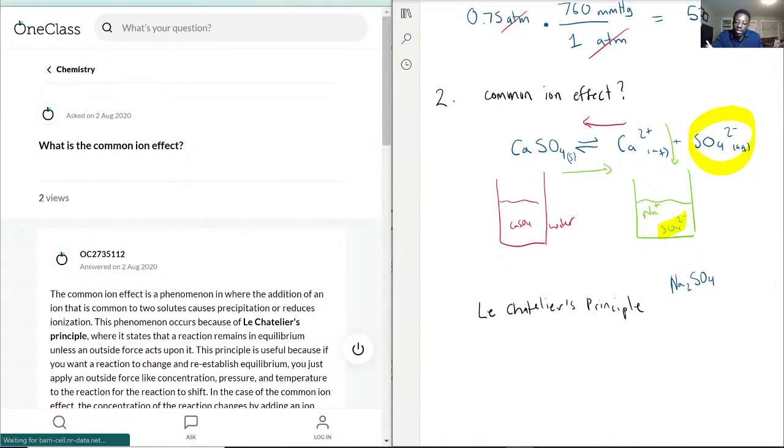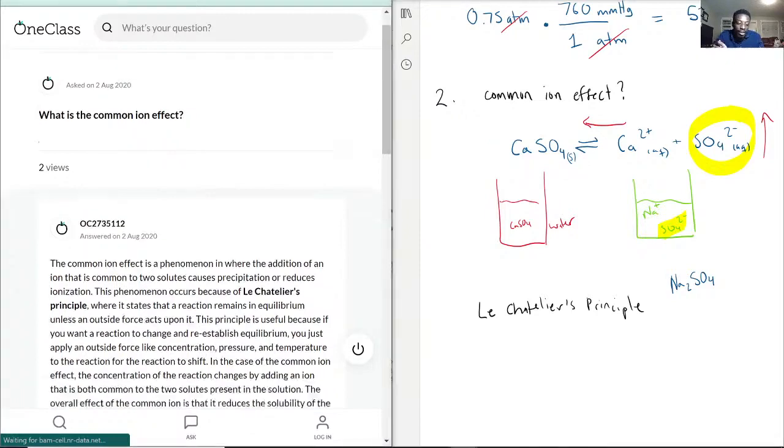But that's not what we're focusing on here. We're focusing on the common ion effect, which means there's one common ion, sulfate, present in both sodium sulfate and calcium sulfate. The increase of sulfate pushes the equation back to the reactants, meaning less sulfate is produced from the calcium sulfate. That is a common ion effect.